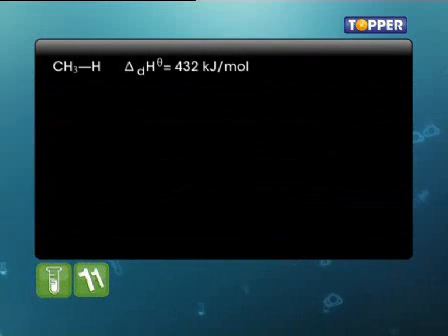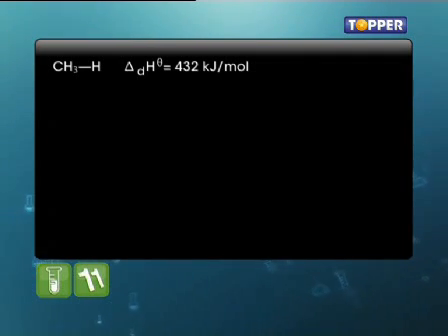Now, we know that a single substance can contain many different types of bonds, each having different enthalpies. So, it is more common to talk about mean bond dissociation energy. For example, consider a molecule of methane with the following bond dissociation enthalpies.